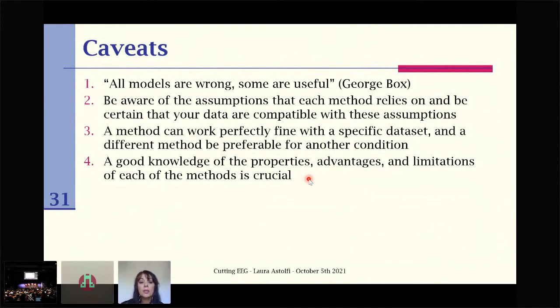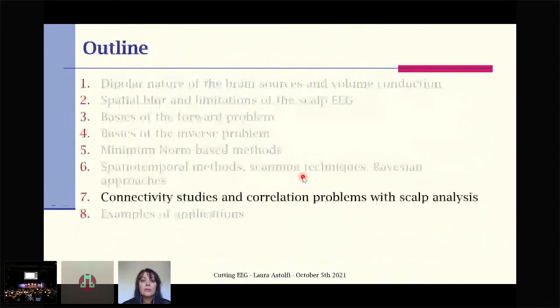So what's crucial is to have a good knowledge of the properties of the method that we are using, and more importantly, of the properties of the data we are studying, and then we need to find a match between the methods and the data. There's no method that can be used anytime or that outperforms all the others in any condition. So this is a message that I found important, and I want to share it with you.